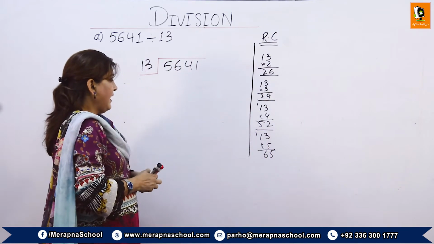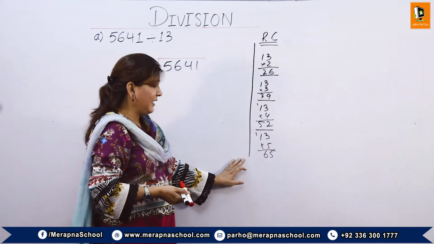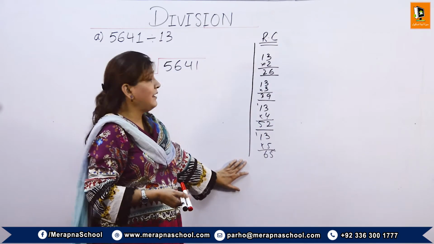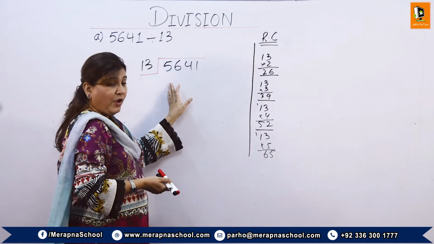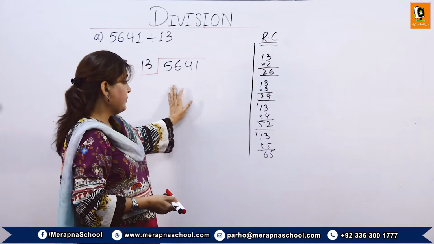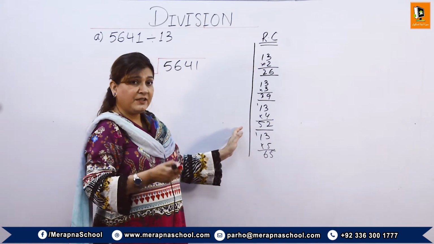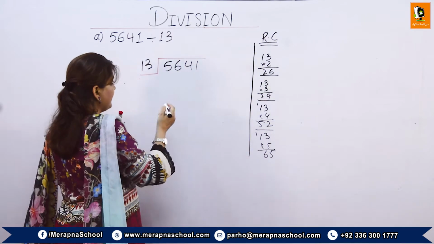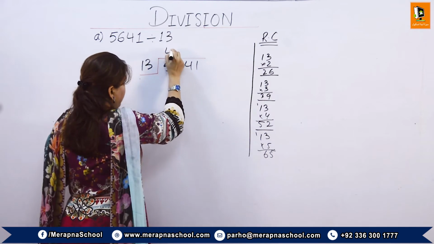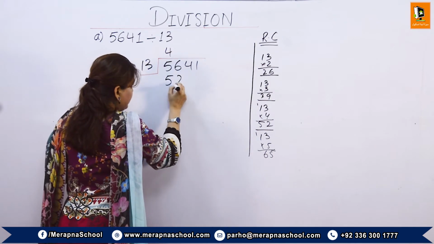Now, as you can see, 13 5s is 65, which is bigger than 56, the greater number. So, what do we do? We write 13 4s, that is 52.